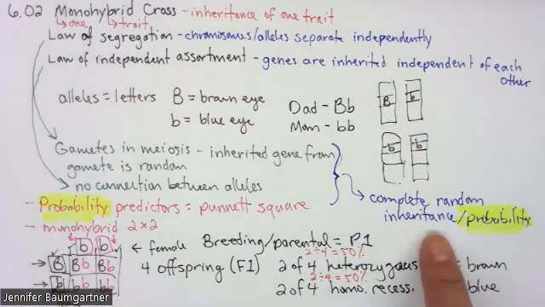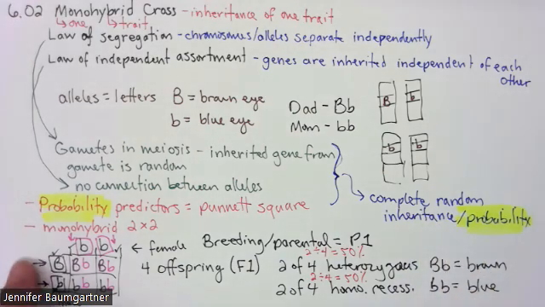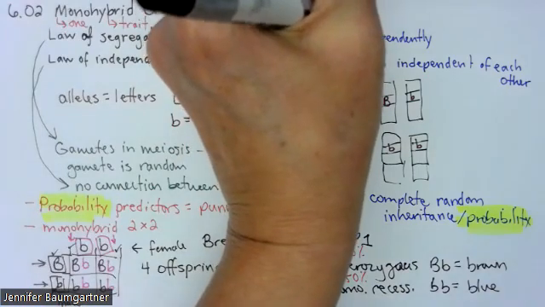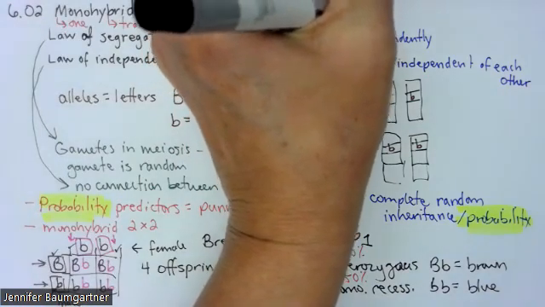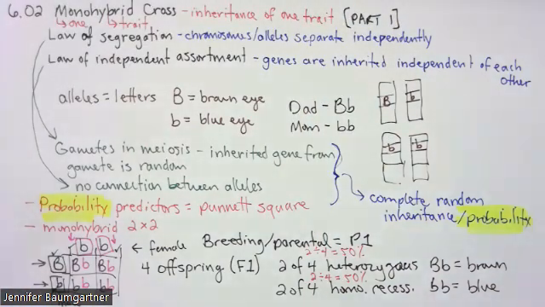This gives us a complete random probability. So because of that, we can use this tool called a Punnett square. And again, we put mom's alleles on one side and dad's on the other, and we can find this probability. Again, keep in mind, it is a probability. So let's look at some sample problems in part 2. So I'm just going to write a part 1 up here. Part 1. Okay, on to part 2.